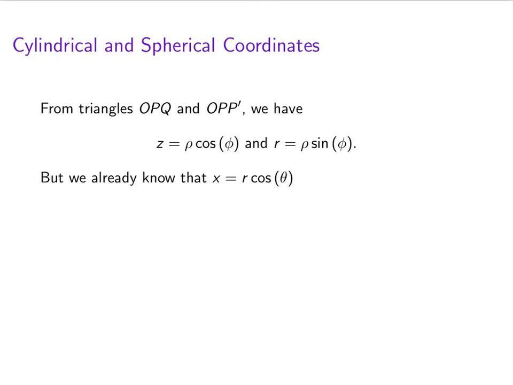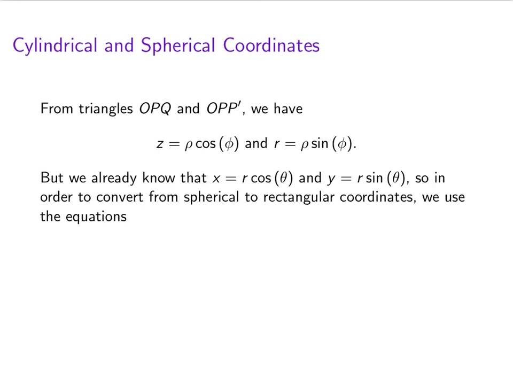Now we already know that x is equal to r cosine theta, and we know that y is equal to r sine theta. Those are the relationships between x, y, and r and theta when we were dealing with cylindrical coordinates. So, in order to convert from spherical to rectangular coordinates, we're going to use these equations.